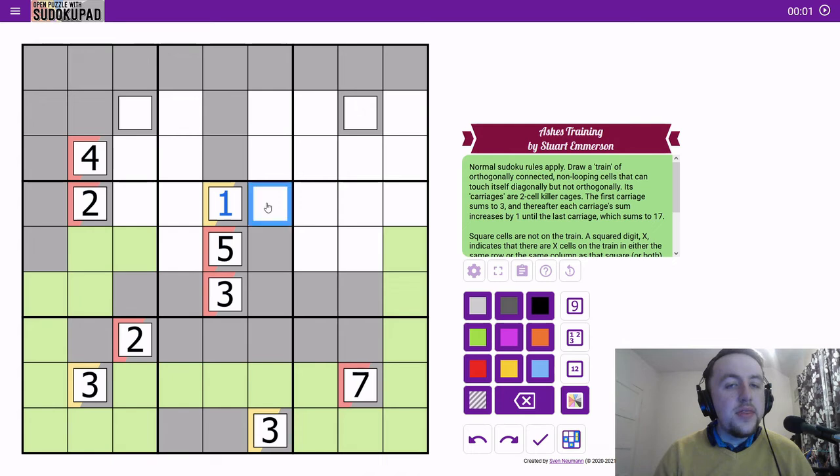Can that one be in? Well, if it is, then there must be another one of these cells in. Either it goes up and back down, or it goes up and then kind of S bends across.